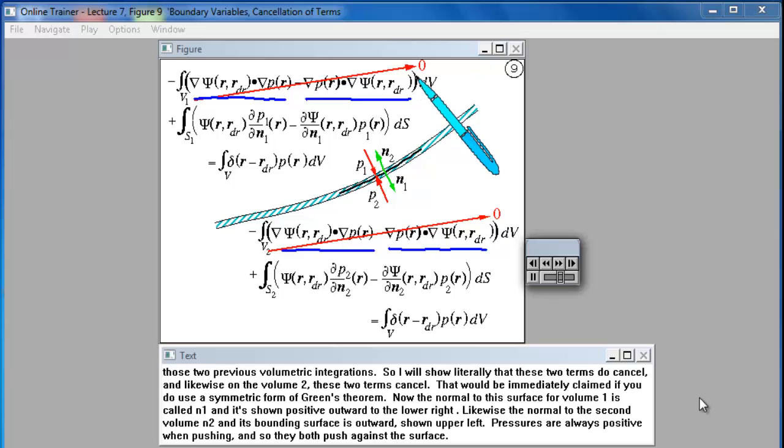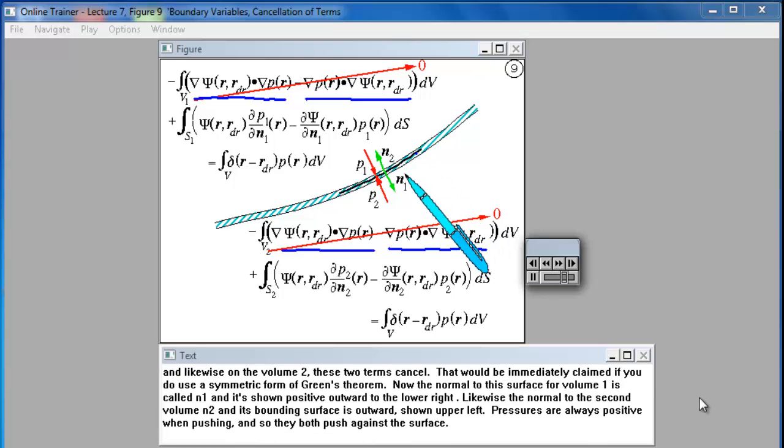Now the normal to this surface for volume 1 is called N1, and it's shown positive outward to the lower right. Likewise, the normal to the second volume, N2, and its bounding surface is outward, shown upper left. Pressures are always positive when pushing, and so they both push against the surface.